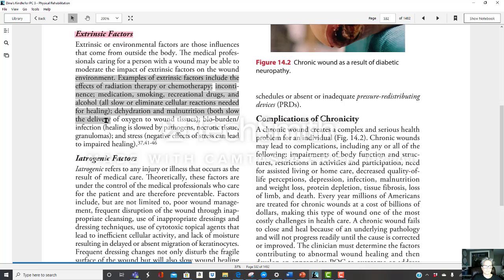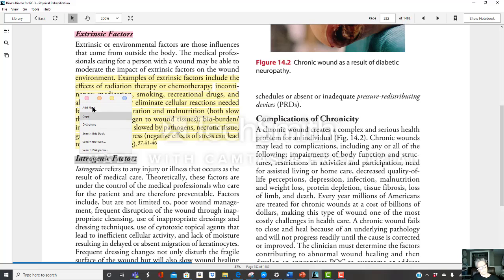All slow or eliminate cellular reactions needed for healing. Dehydration and malnutrition both slow the delivery of oxygen to wound tissues. Bioburden infection. Healing is slowed by pathogens, necrotic tissue, granulomas, and stress. Negative effects of stress can lead to impaired healing.